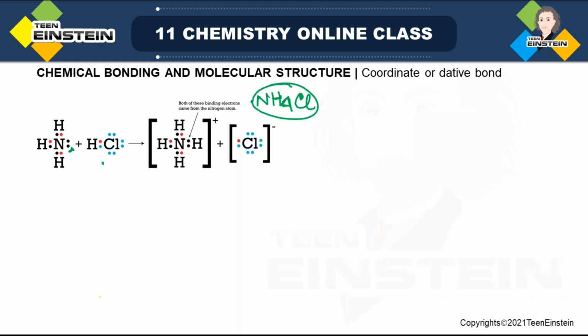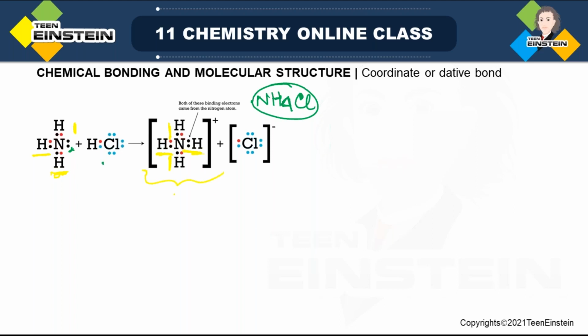Now, we have already seen what a coordinate bond is. This is the coordinate bond, right? But where is the covalent bond? Covalent bonds are already present between N and H. Three covalent bonds are present, which are also present after the reaction. So these three are covalent bonds. And where is the ionic bond? Ionic bond, as we know, is the interaction between a cation and an anion.